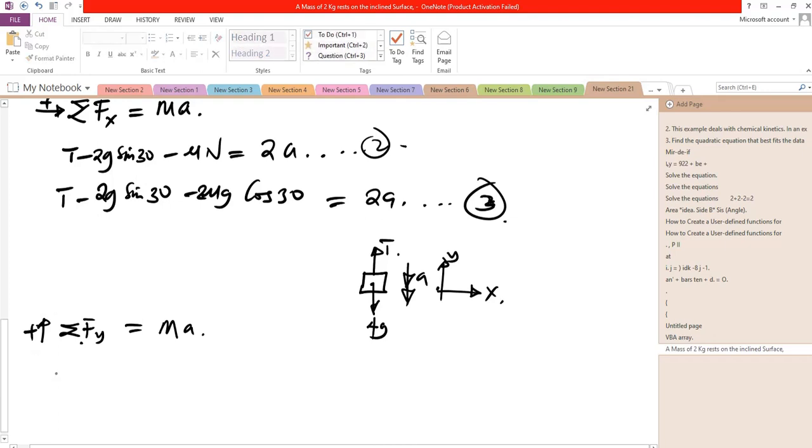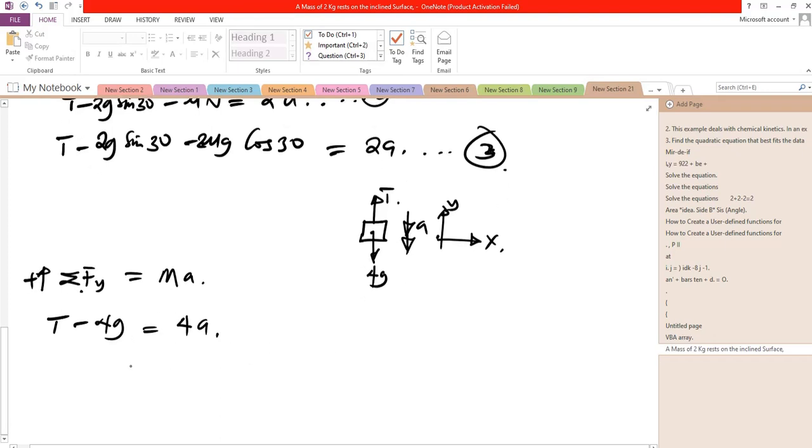Now let's say the vertical forces is positive. Now you have T minus 4g equal to 4a. But the body is moving down here.